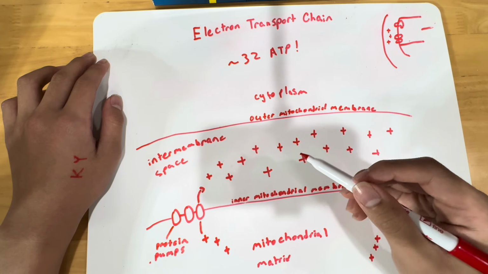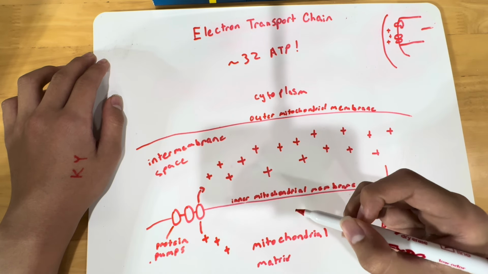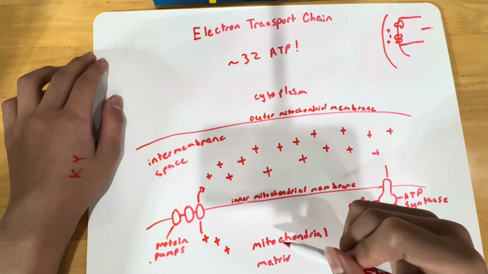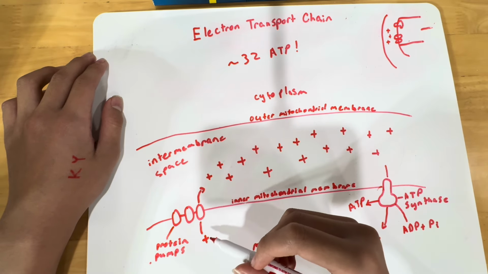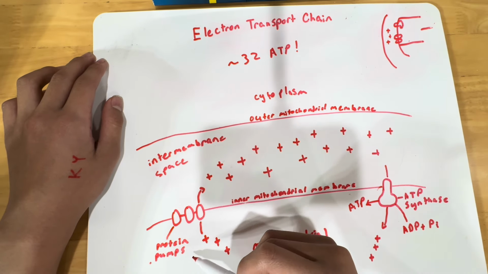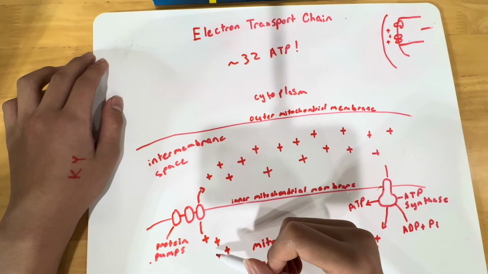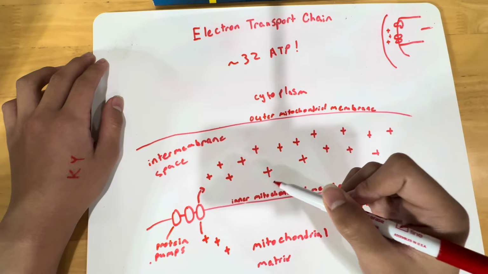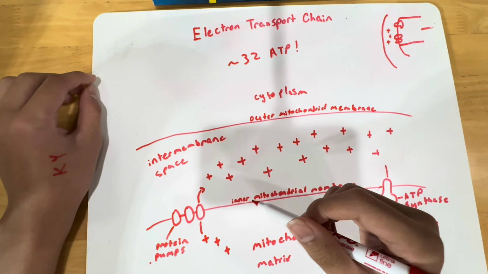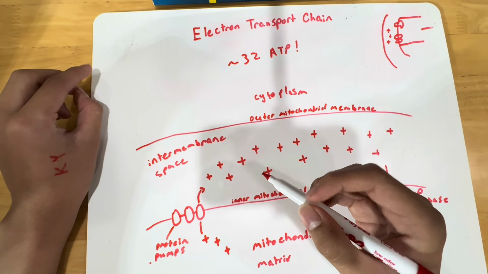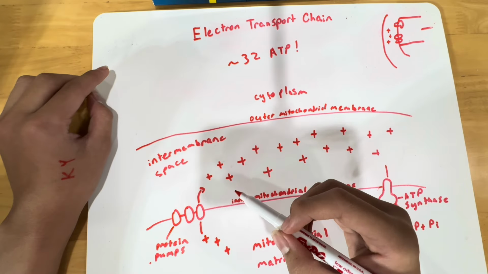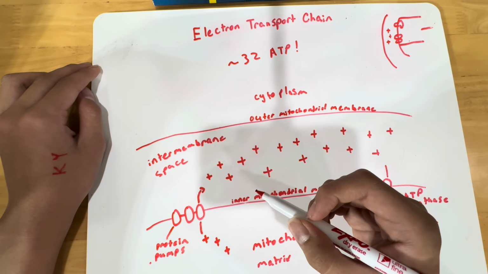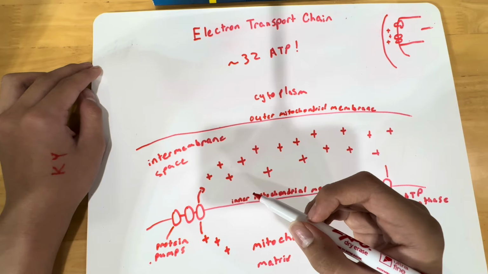First of all, the electron carriers from earlier, specifically NADH and FADH2, donate their electrons to the protein pumps that pump ions, specifically hydrogen ions, over the inner mitochondrial membrane. Remember, when full electron carriers donate their electrons, they revert to their empty versions, NAD+ for NADH and FAD for FADH2.